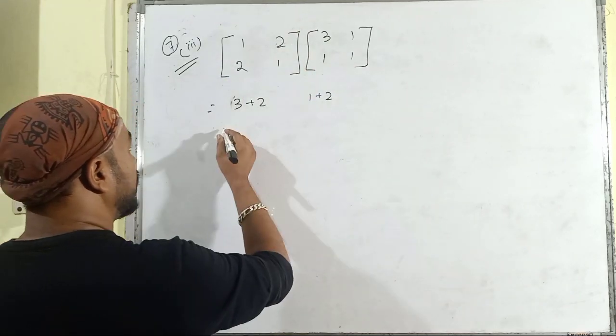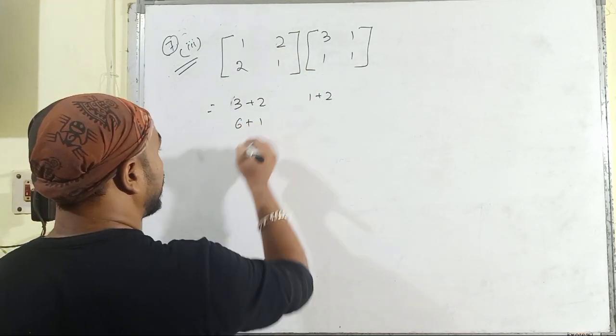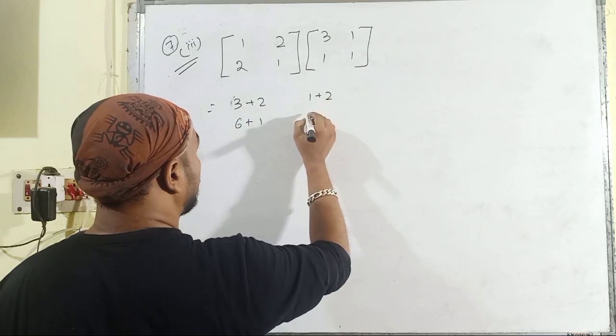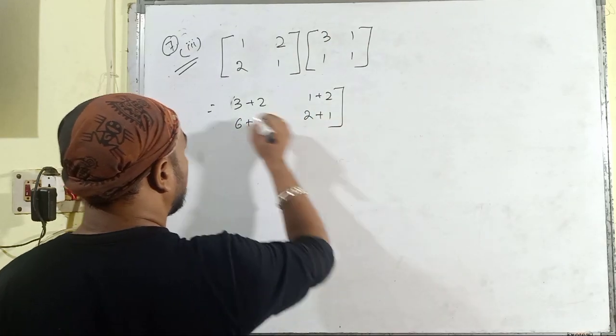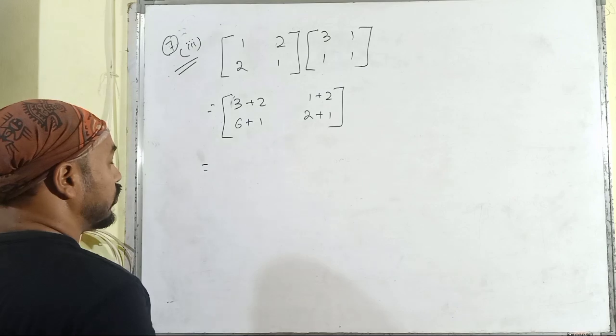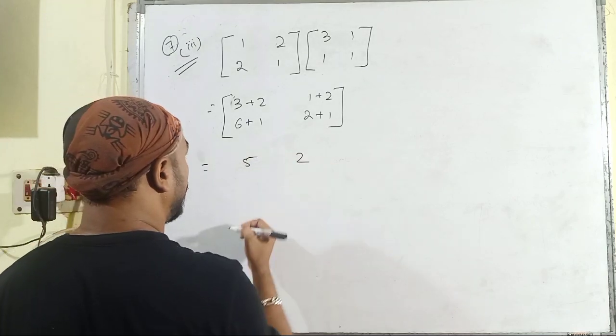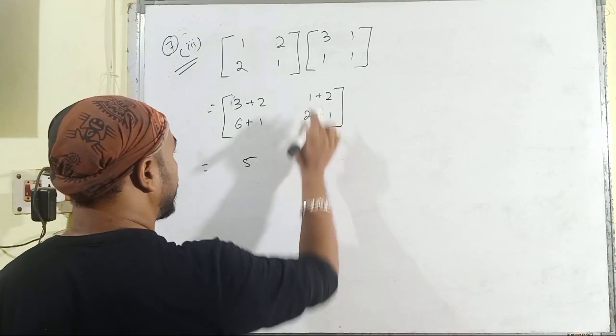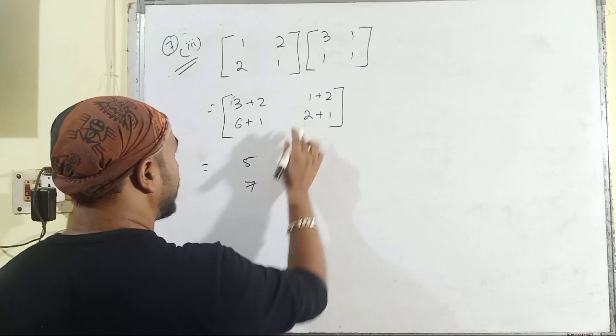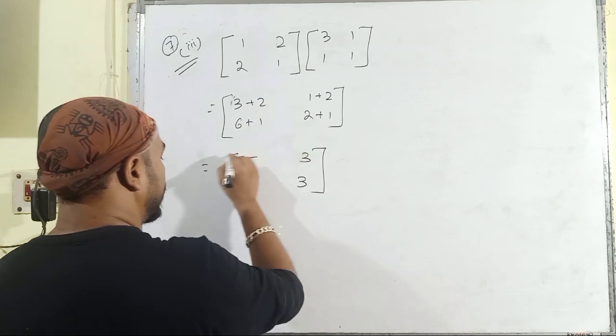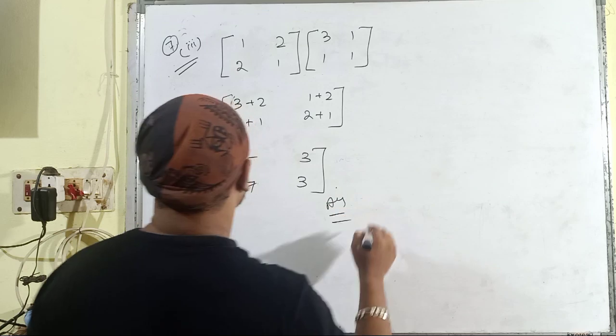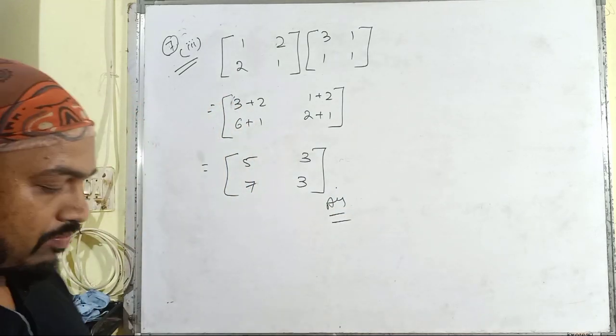Then 2 1 with 3 1, 2 3 6 plus 1 into 1, 1. Then 2 1 with 1 1, 2 plus 1, it is 3. Then it is 7, 3, which is the answer for the third bit of number 7.